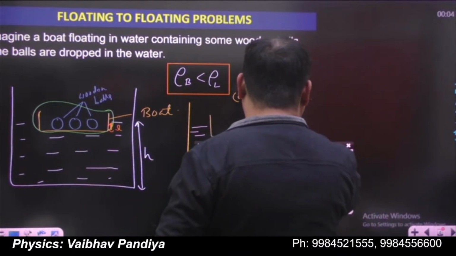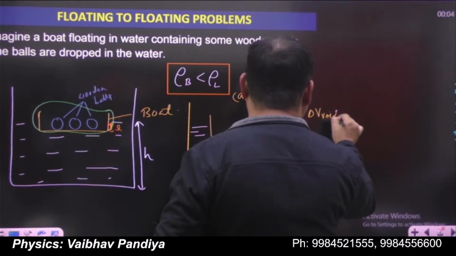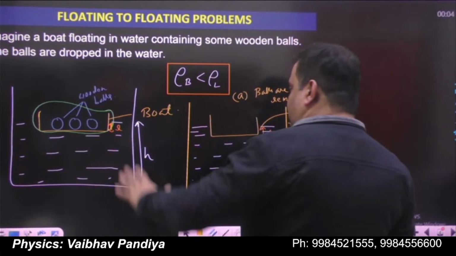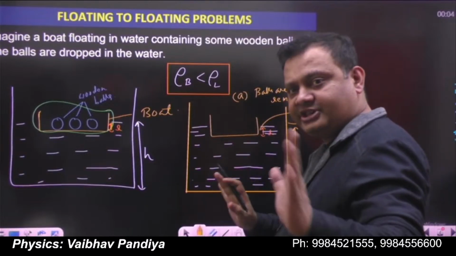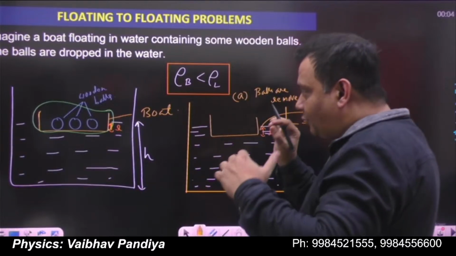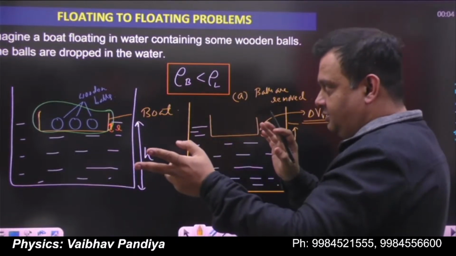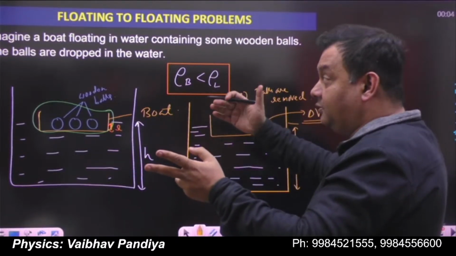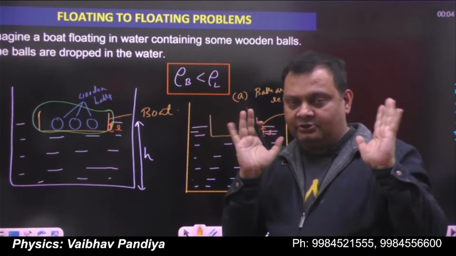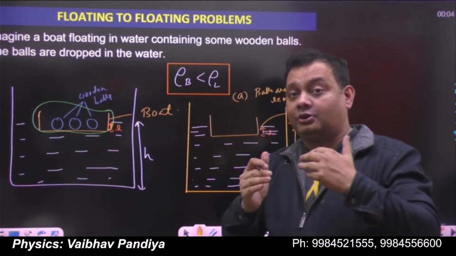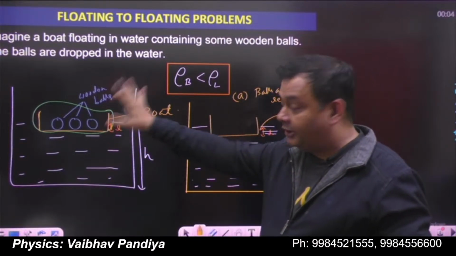Let us say the volume which is getting free is delta V void, correct? The weight of the boat is still acting. So only that volume will get free, which will correspond to the upthrust balancing the weight of the wooden balls.